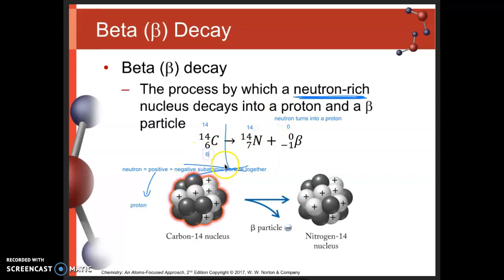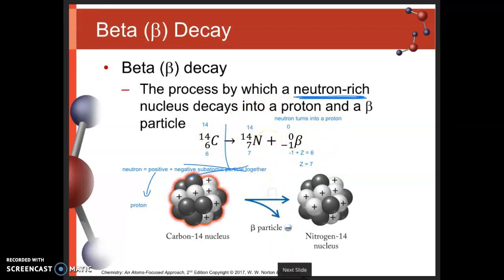We had an atomic number of 6, the -1 here. And so how did we get 7 here? Well, -1 for the beta plus whatever this atomic number is going to equal 6. Do my algebra, and that's how I get the 7. Atomic number 7 corresponds to nitrogen. And so that's how we balance this kind of radioactive decay.